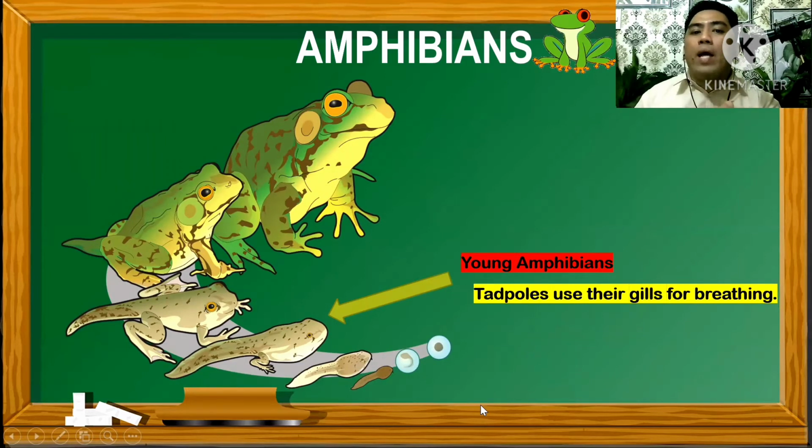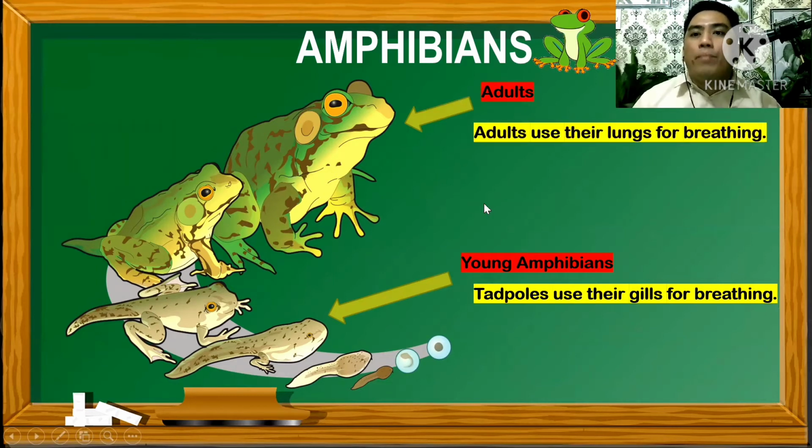Because pag young pa lang sila, they live in water. Okay, in order for them to survive in water, so meron silang gills para makahinga sila doon. But when they reach their mature age or adult stage, so ang mga adults, ang kanilang gills disappear, ang kanilang tails disappear also, and they develop lungs for breathing. That is the time na pwede na sila sa land. Okay?